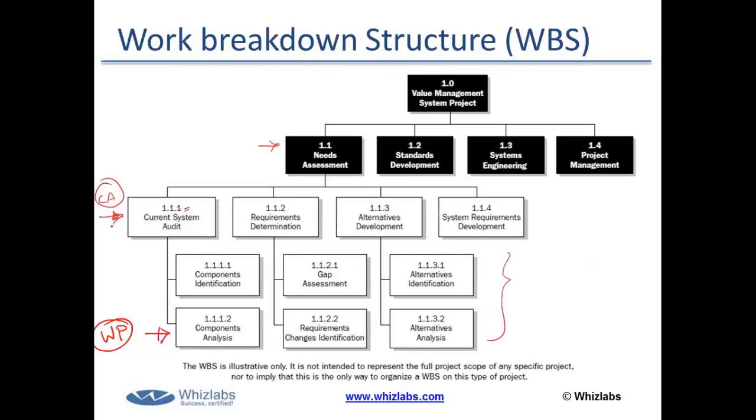So my point is, instead of doing the monitoring and controlling at the bottommost layer of the WBS, if you do it at a bit higher level, you have less number of components to monitor and control. Of course, if there is a change in a higher level component, you have to change the lower level components as well. But still, it helps you to do the tracking in a better way because you have less number of elements to track.